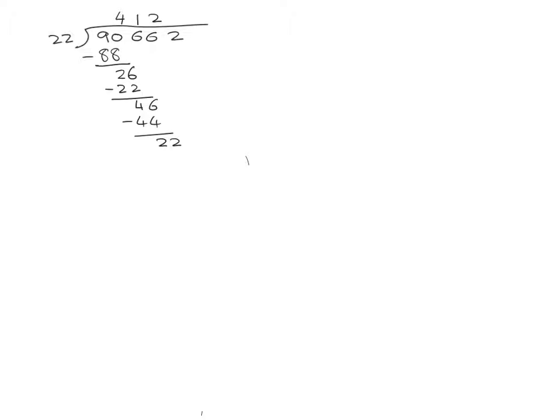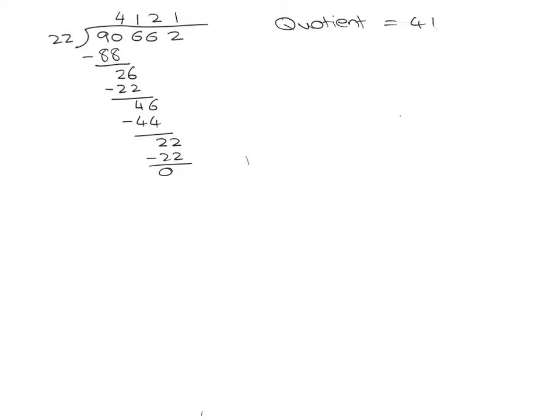Finally, bring the last number down, and you say, does 22 go into 22? The answer is yes, that's once. 1 times 22 is 22. If you subtract, that gives you a remainder of 0. So what that tells me is the quotient. The quotient is the number after you've done the division.